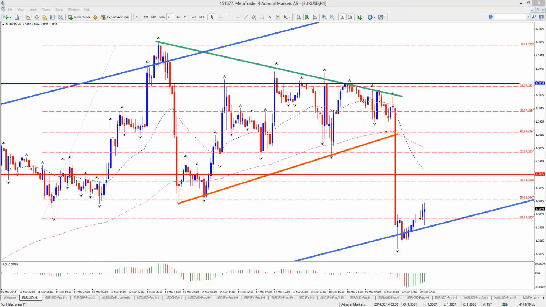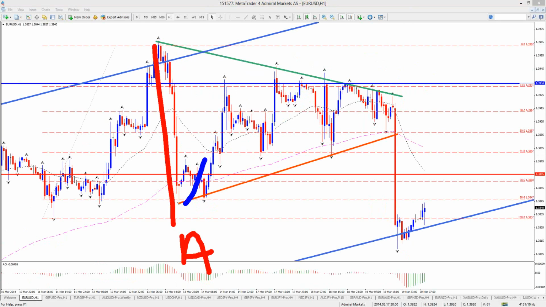So in any case, now we do see a clear three-wave correction, whereas seemingly this was first looking like the end of the ABC right here. And now we can see that this was probably one part of the correction.